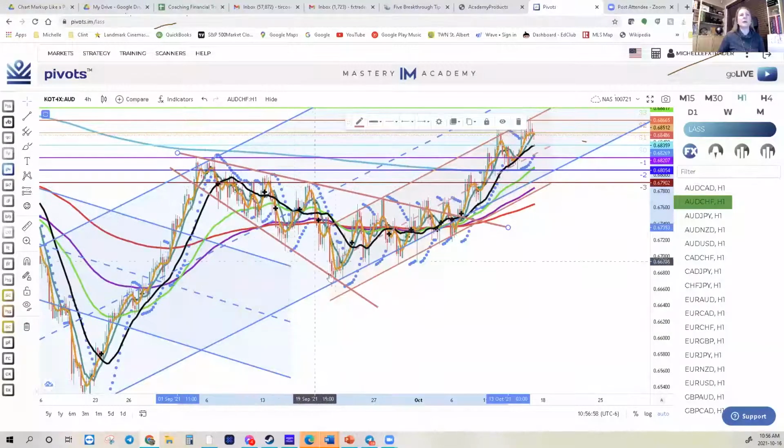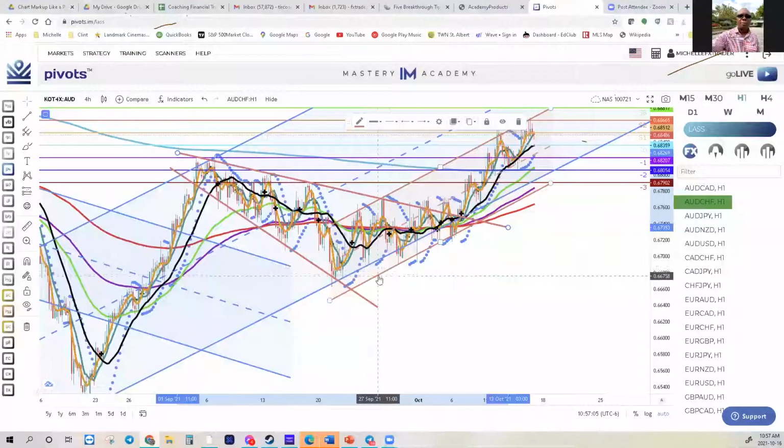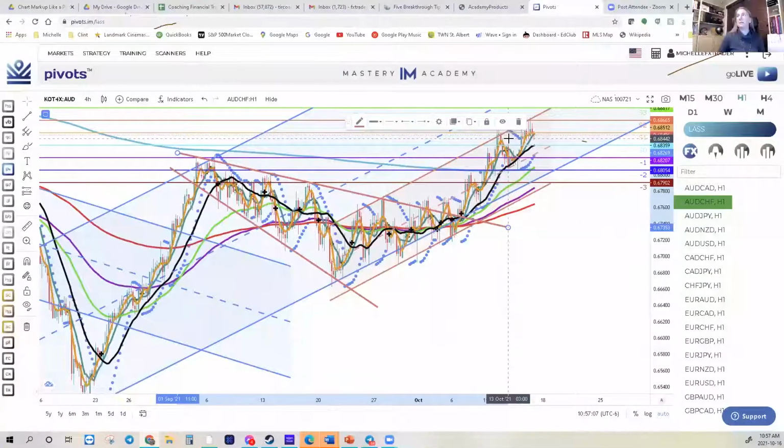So again, with our patterns that we talked about yesterday, we talked about this being that pattern where it moves up, comes down here, breaks out to the upside, right? That's literally exactly what it did.